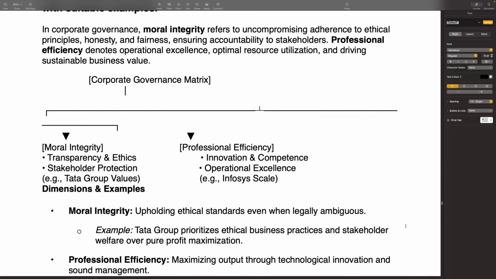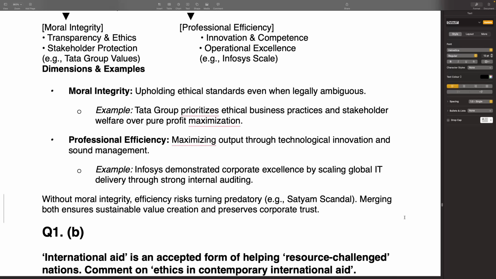This is the flow diagram, with dimensions and examples. Moral integrity: upholding ethical standards even when legally ambiguous. Example, Tata Group prioritizes ethical business practices and stakeholder welfare over pure profit maximization. Professional efficiency: maximizing output through technological innovation and sound management.